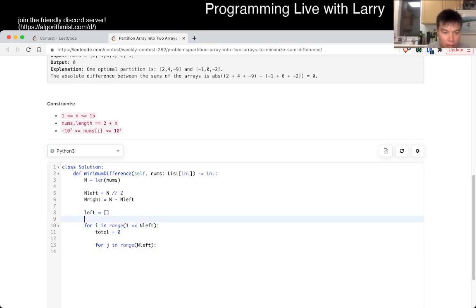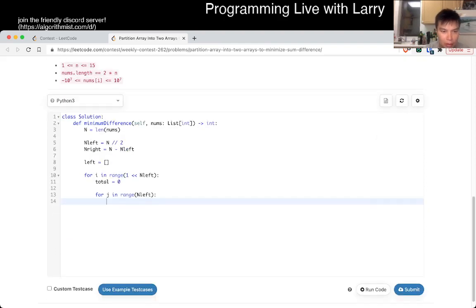Let's keep it this way. Don't prematurely optimize.